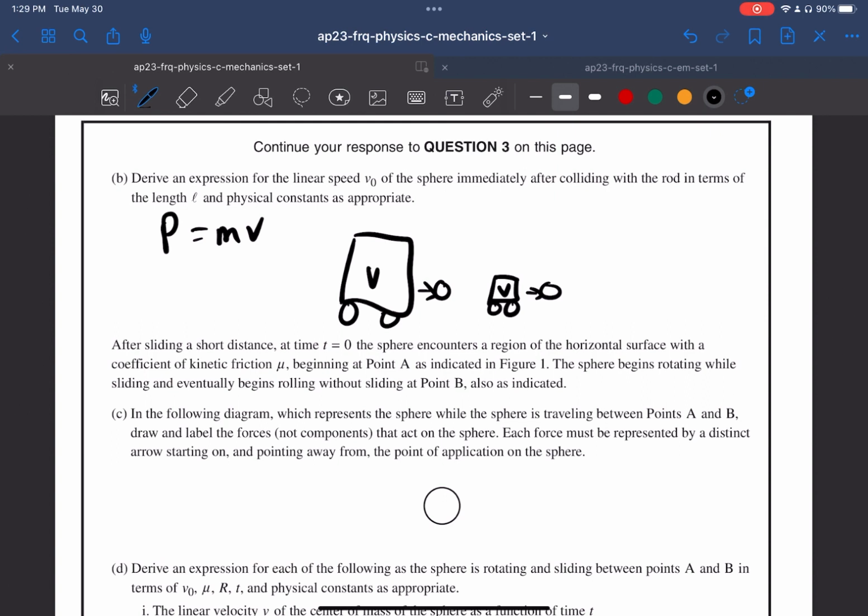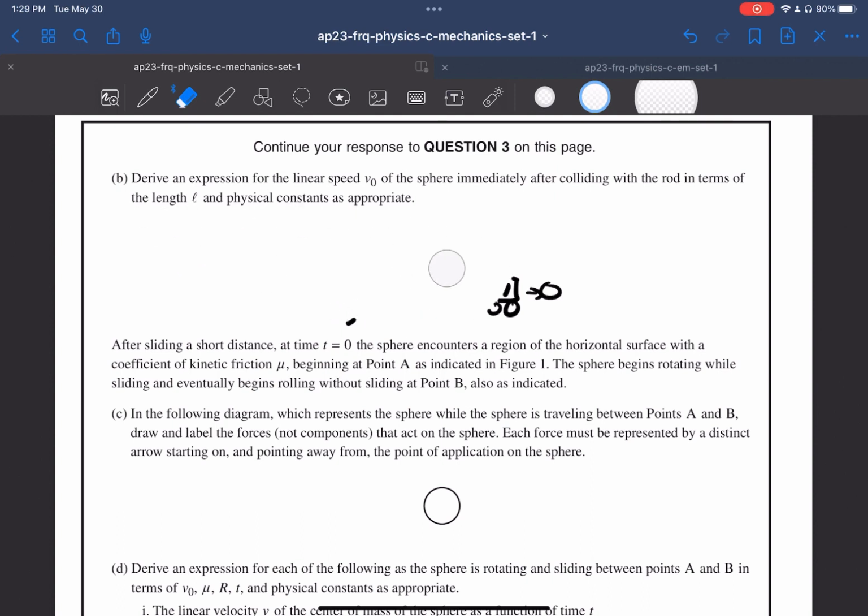So when it comes to solving the problem, of course, approach it with whatever way you are most comfortable with. I personally like to think of rotational problems in terms of translational problems, and then do the substitutions from there.